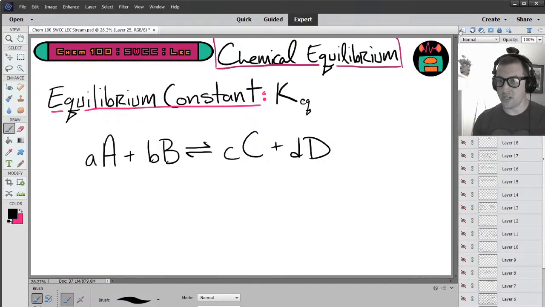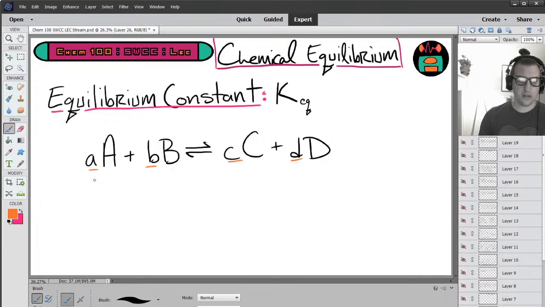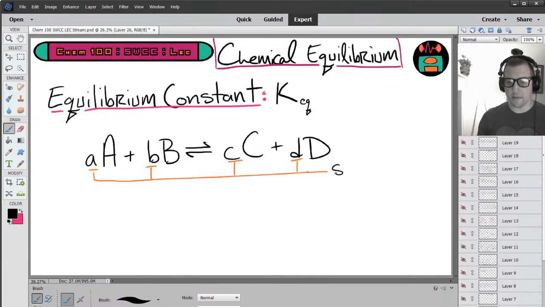Now, before I do, I just want to point out that the lowercase letters right here are all stoichiometric coefficients.